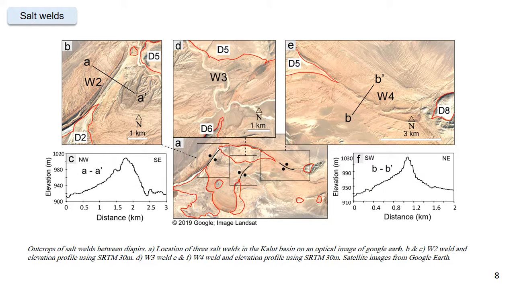As for salt wells, this figure presents the location of 3 wells. We have correlated the maps of salt wells in this area with the InSAR results. None of the wells shows considerable vertical or horizontal displacement. So this suggests that Kalut salt wells are not active.